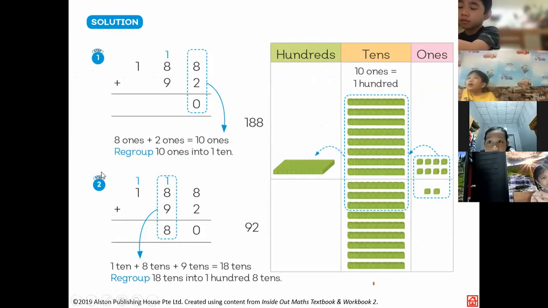Second step, since we have the 1 up here, we just have to add the 3 numbers, okay? 1 plus 8 plus 9, that's 18, right? So we will put 8 down here and put 1 up here.